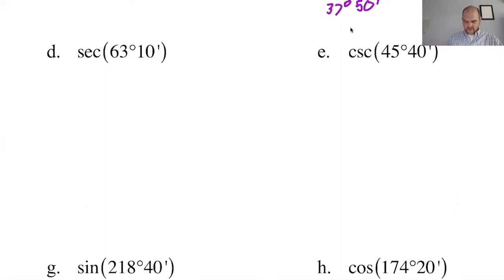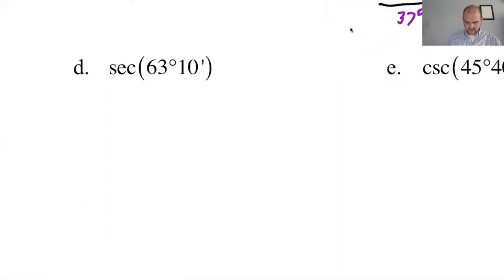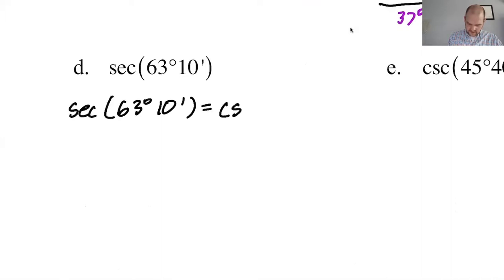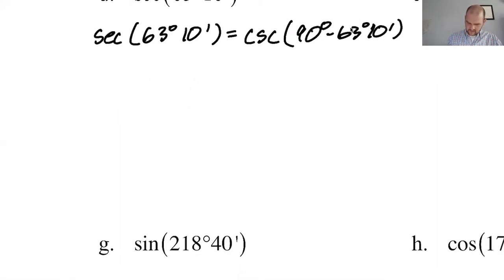So here, my first objective is to get this angle down to what I want. The secant of 63°10' is going to be the cosecant, the cofunction, of 90 minus 63°10'. When you're doing the subtraction, as I mentioned in the previous video, you might as well start with this because you're always going to have to do it.